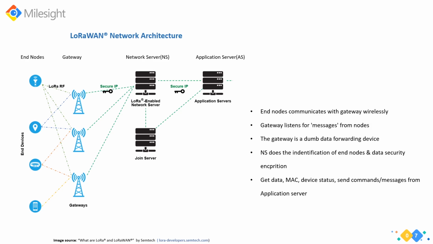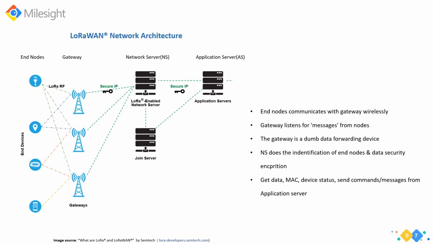And the gateway is a dumb packet forwarding device. It doesn't understand the contents of the packets from the end nodes. And the gateway cannot decide what kind of message or what commands to send back to the end nodes, because the network server does this kind of thing.